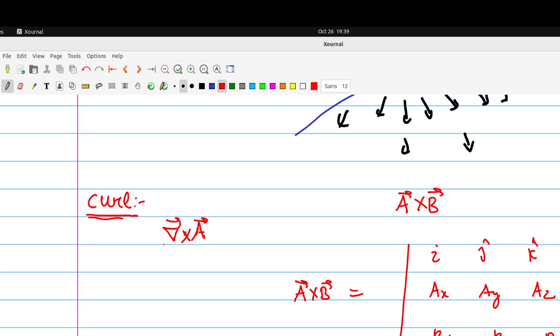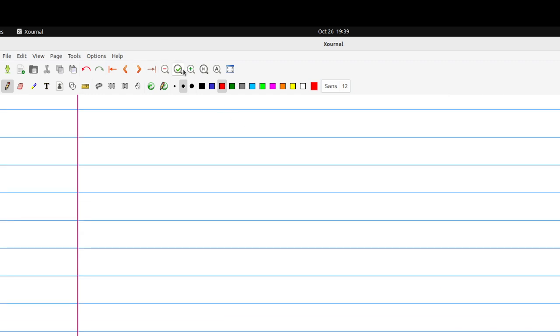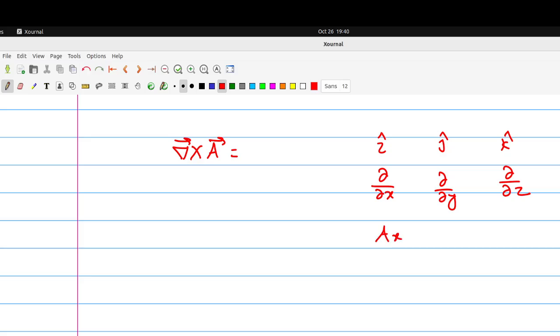Same game we will play with the nabla operator. Nothing fancy. So nabla cross A will be equal to the determinant of i cap, j cap, k cap and so on. You just need to remember the rule and apply. Just remember the meaning and how it works. That's all. This is the divergence and curl.